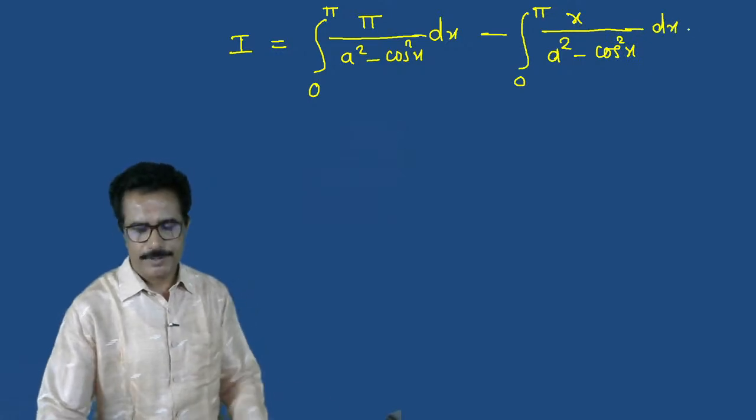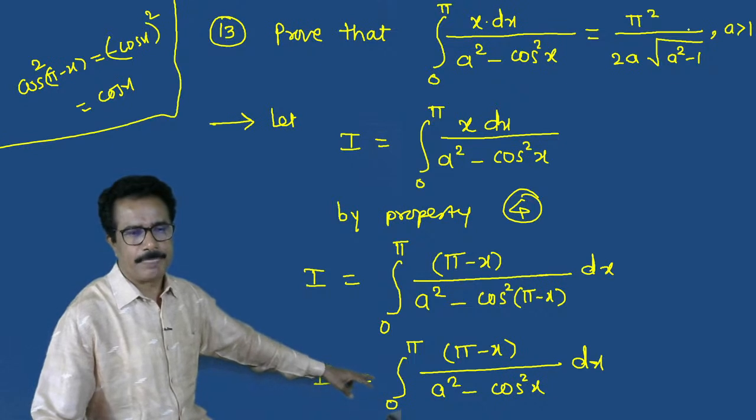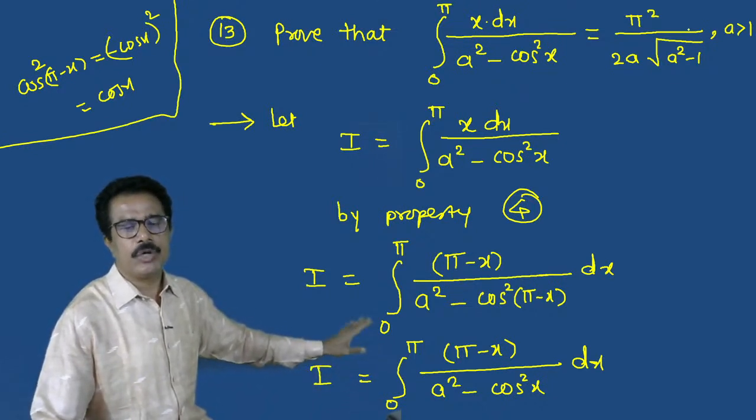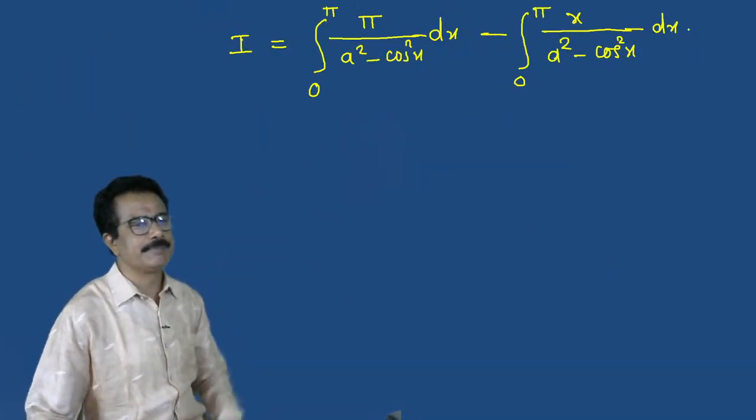Is it okay? Now we have to separate this numerator, for pi and minus x, and separate the integral, then we will get this result.